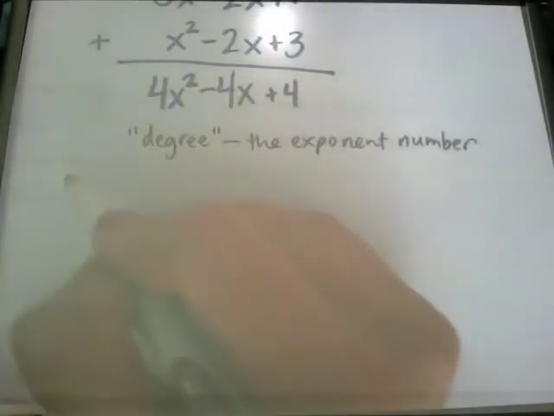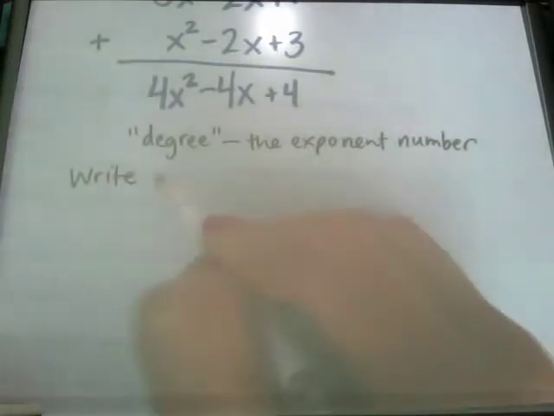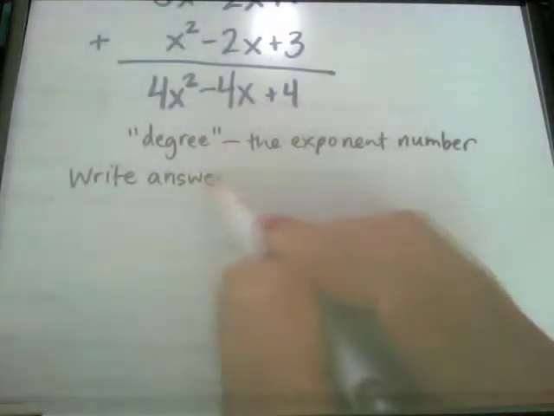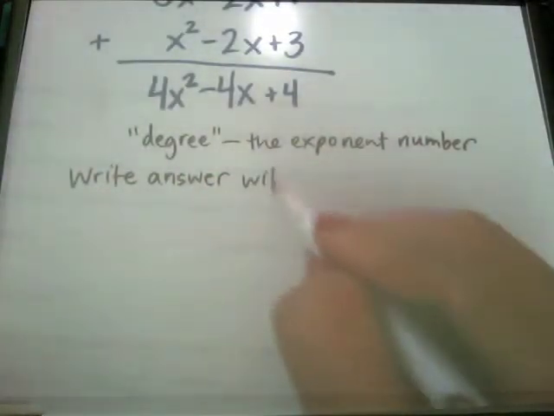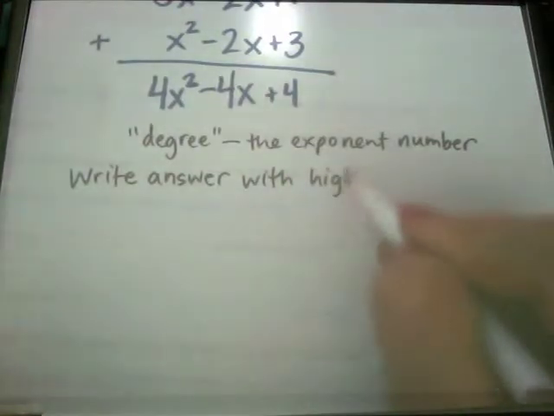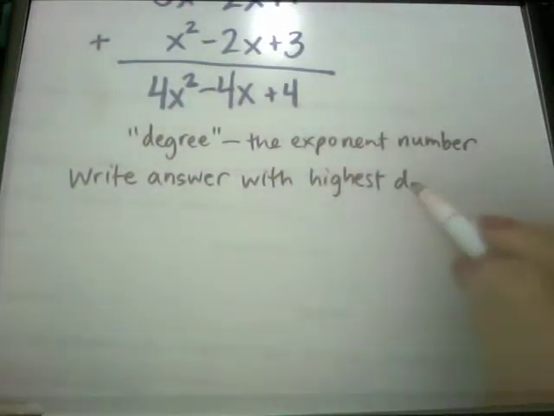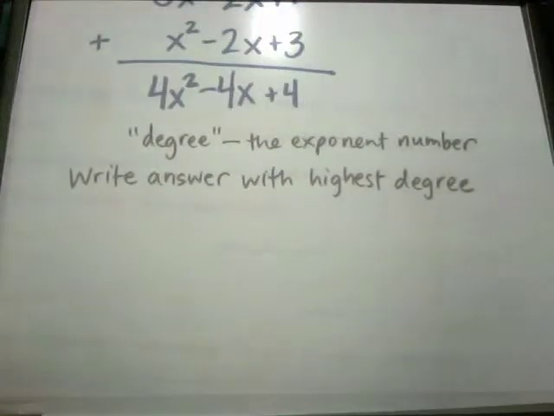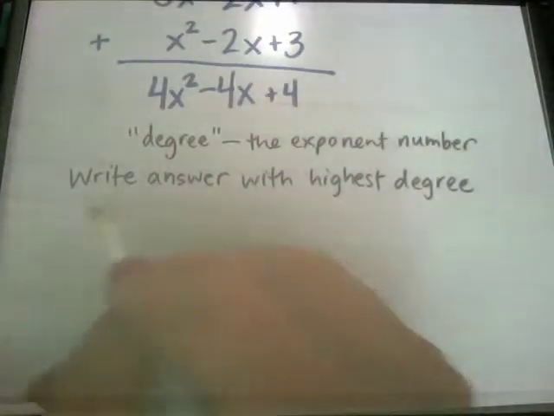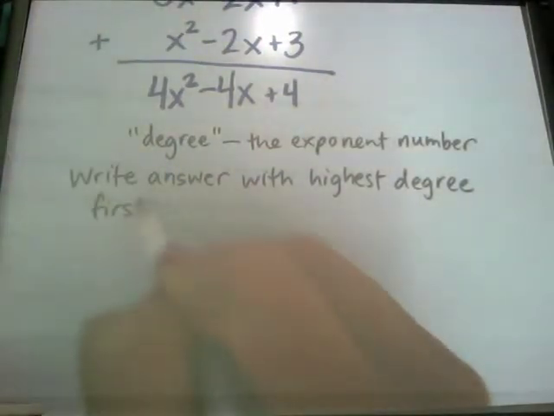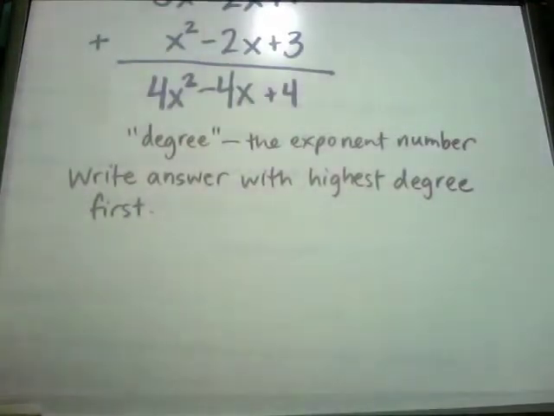You want to write your answer with the highest degree, the highest exponent number, highest degree first, and then go down from there.